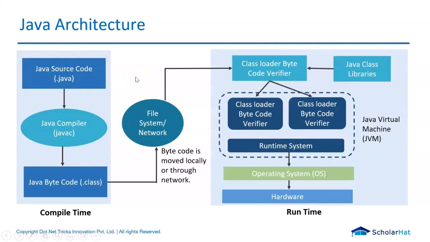This is how the Java architecture works. Java source code uses the Java compiler and is converted into Java bytecode. This bytecode is moved locally or through the network to where you want to run it. The class loader and bytecode verifier will verify the bytecode, and check on which particular operating system you want to run your Java file.